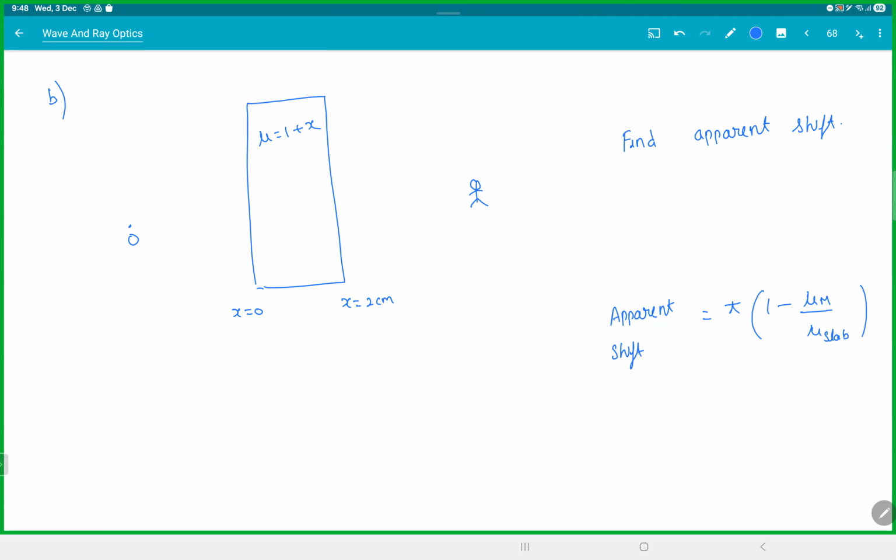You will get a ln in the answer. You have to integrate. You can't take the average. That mu is in the denominator. I think you're getting confused with the path difference. You remember the path difference formula? It will be mu d. There you could have said it's a linear function and finished it off. Here it doesn't work.